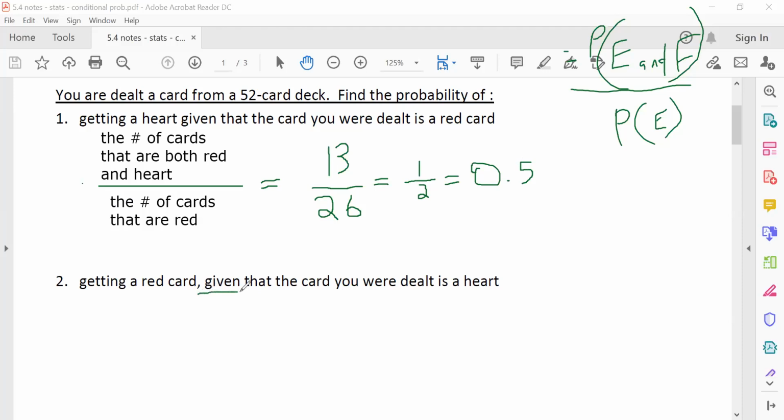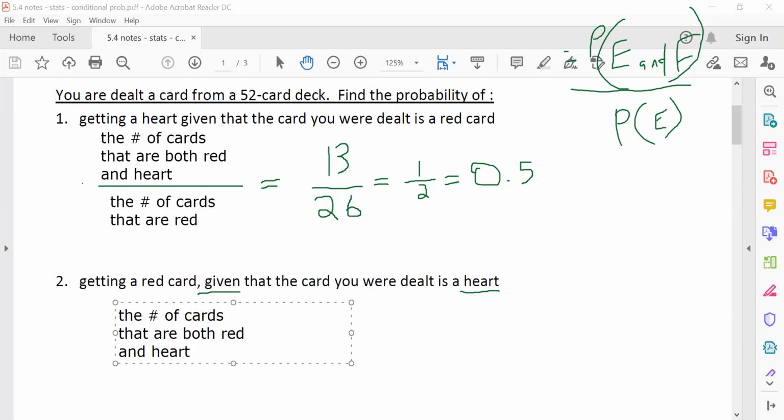Now here, what we're given is that the card is a heart. So the probability calculation here is going to be, again, the number of cards. If we want the probability of getting a red card, given that it's a heart, it's going to be the number of cards that are both red and heart, same as before, on top.